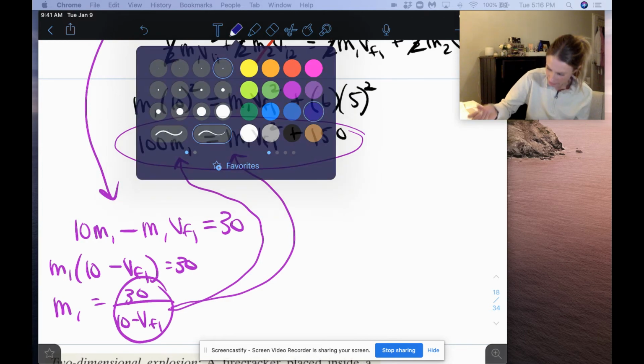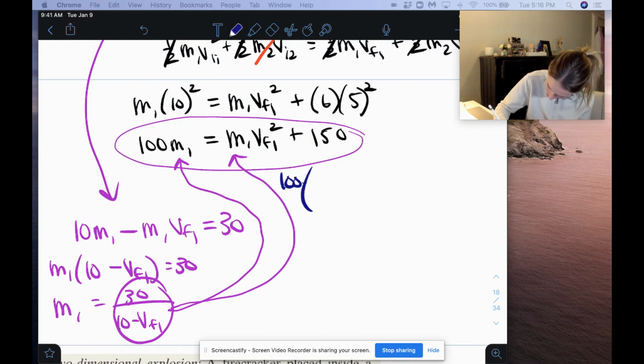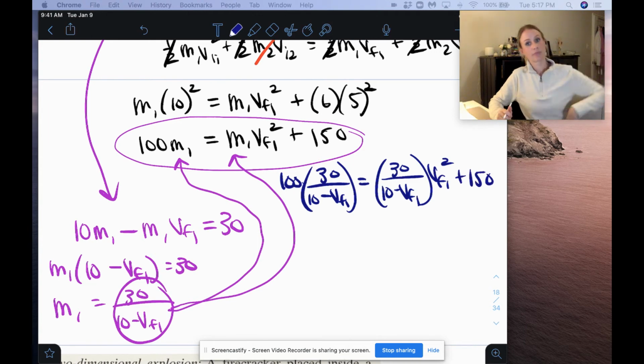I'll do this in a different color. So we get 100 times 30 divided by 10 minus v final 1 equals mass 1, which again was 30 divided by 10 minus v final 1, times v final 1 squared plus 150.